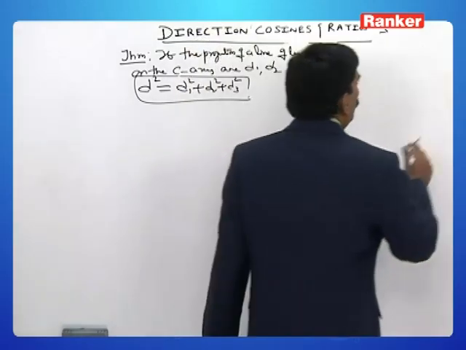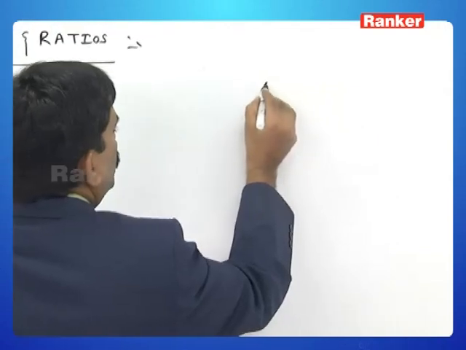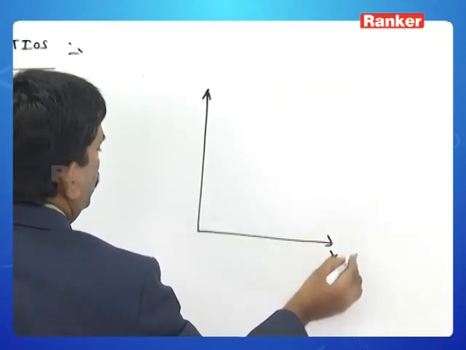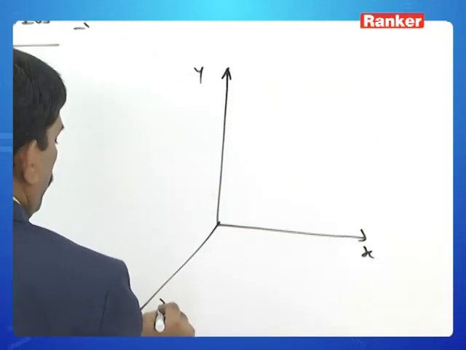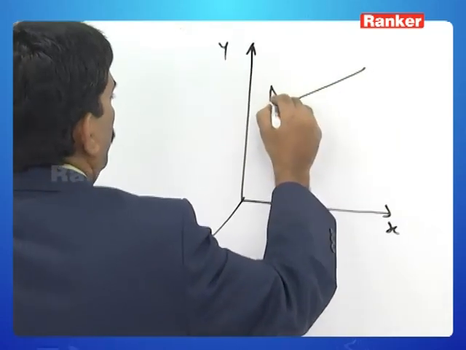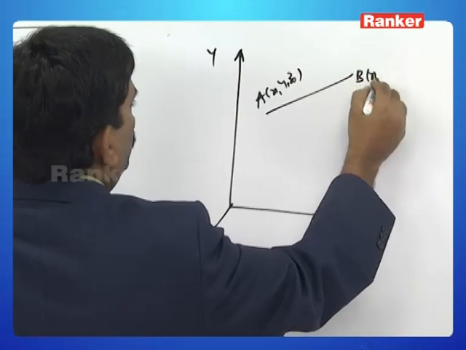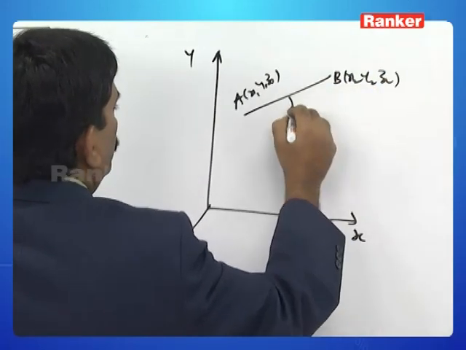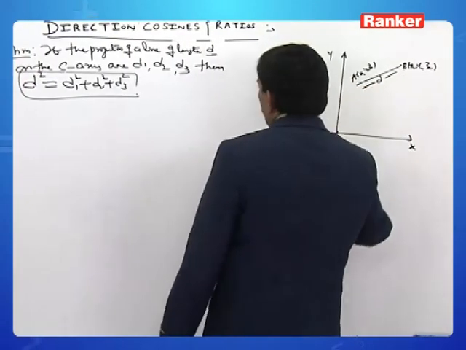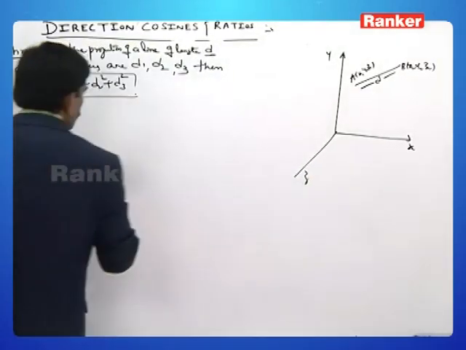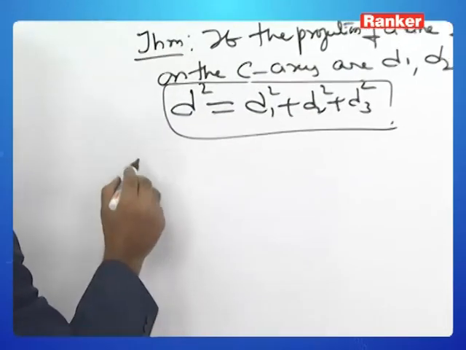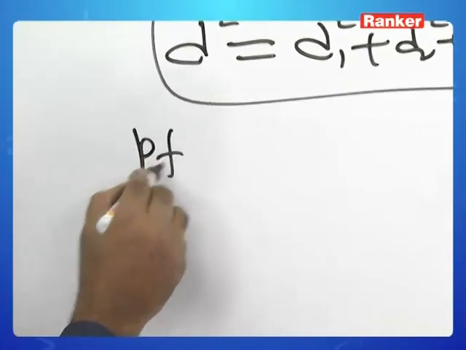Now, in space, you take this as the x-axis, y-axis, and this is the z-axis. You take a point A of x1, y1, z1, and this is B of x2, y2, z2. The length of this one is d. Now I start the proof.